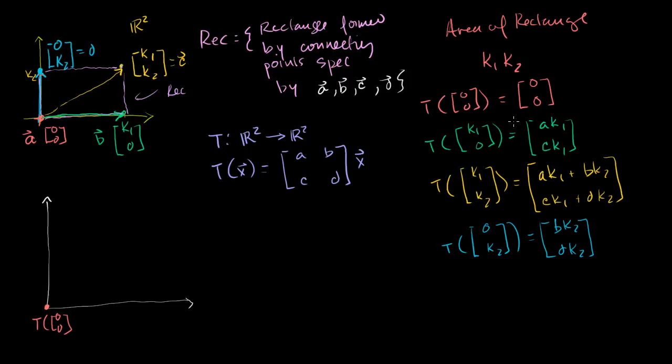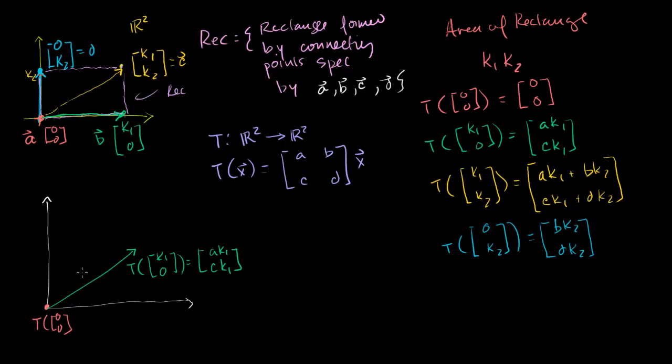The vector B gets transformed to ak1, ck1. So let me draw it like this. The vector B gets transformed to something that looks like this, where this is the transformation of k1, 0, which is equal to ak1, ck1.